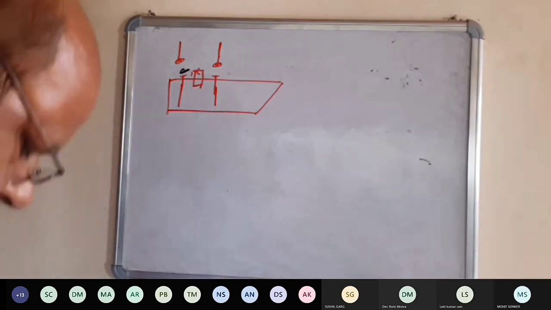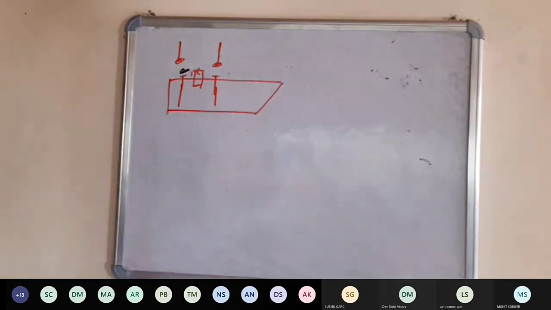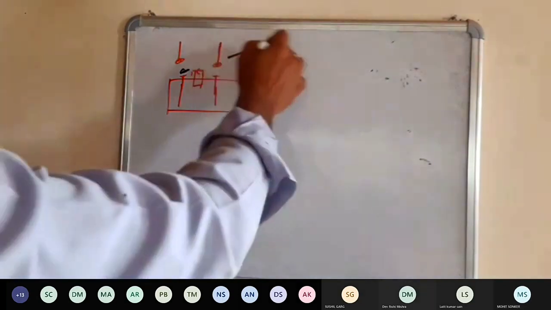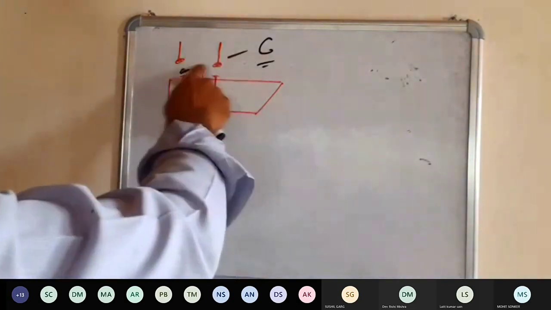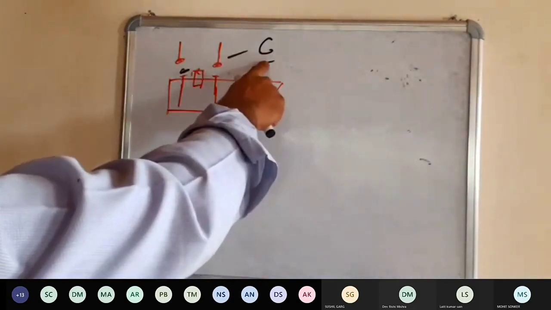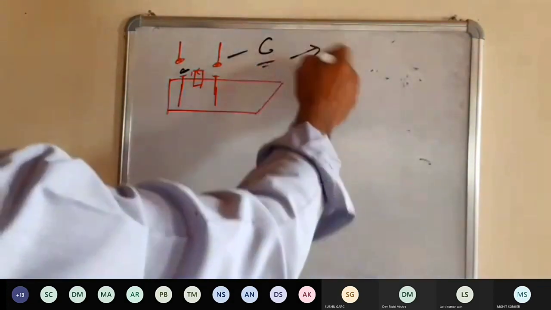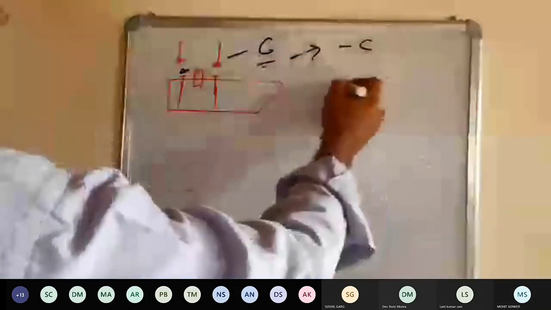These are vertical, these are C rods basically. These vertical rods are called C rods, and a C rod can be either minus C or plus C.